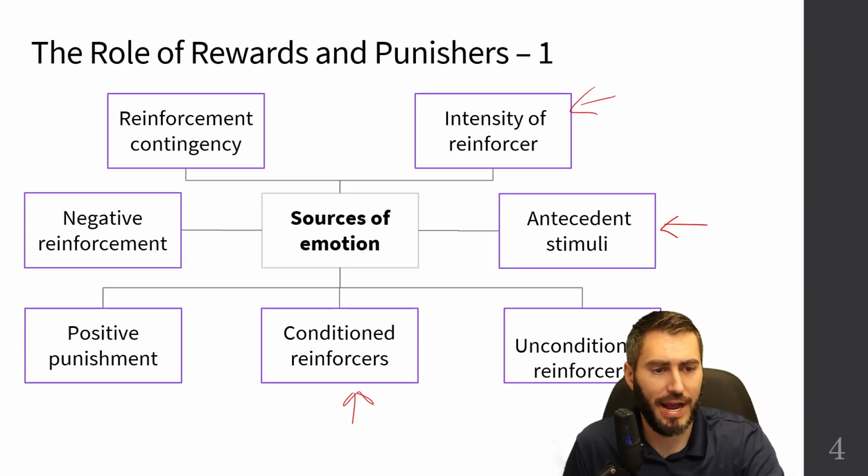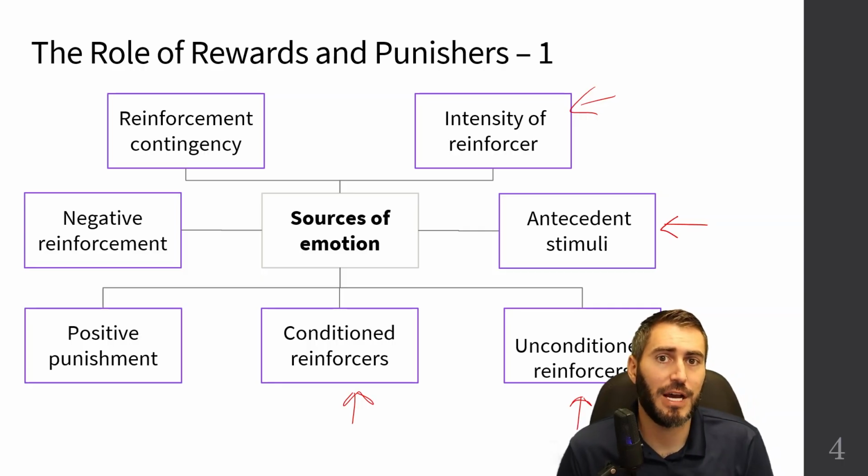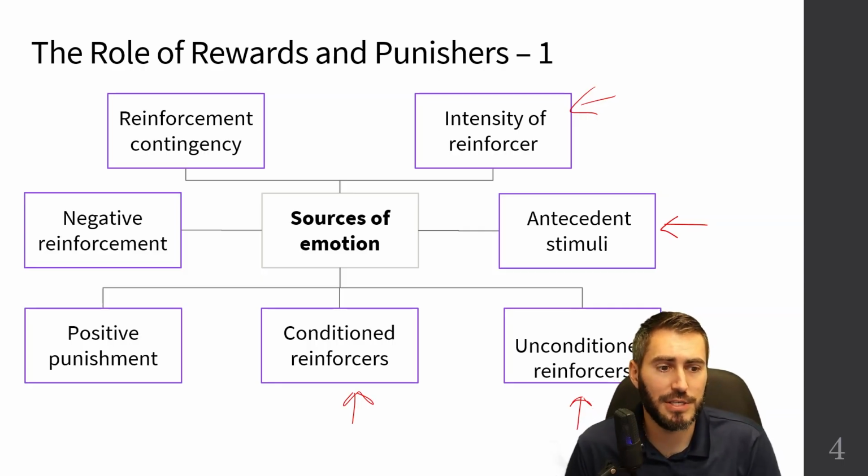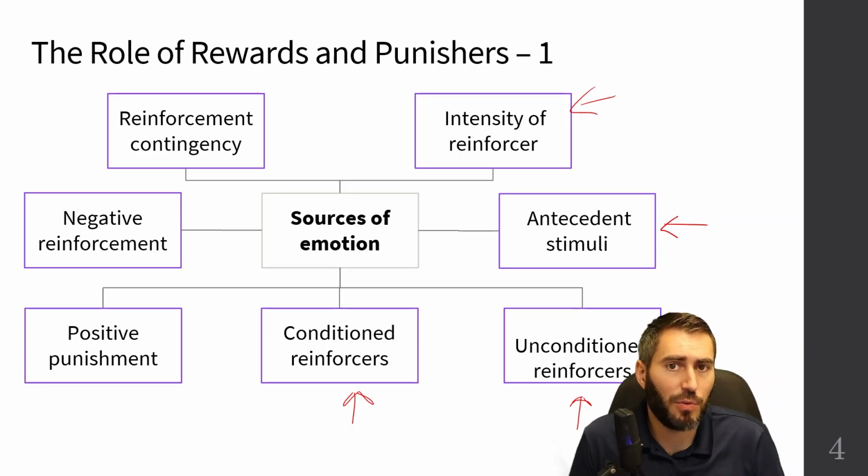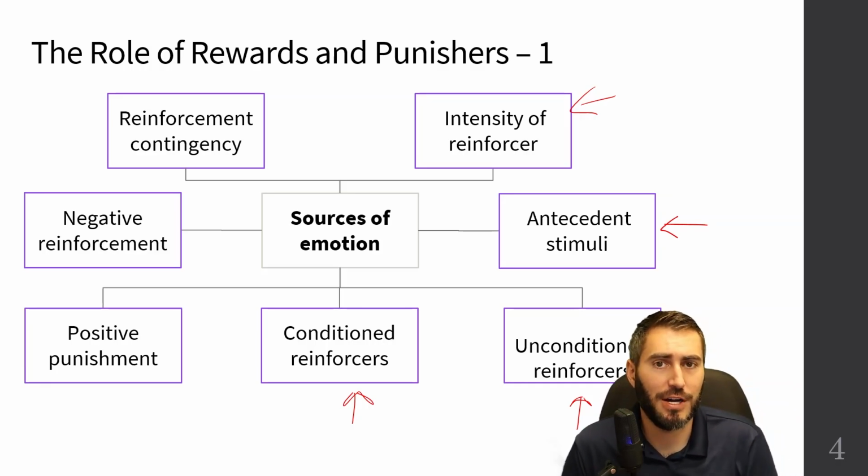And then we also have unconditioned reinforcers, which are just natural things in our environment that we don't have to learn, but naturally elicit some type of emotional response. Each of these results in a different source of emotions. So there's lots of things that can trigger and cause emotions and emotional responses.